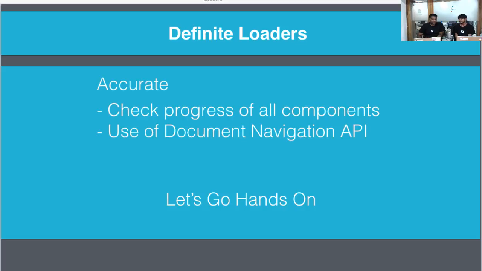So we have the navigation API in the document object. It gives you the details about how much time it is going to take for the DOM to load, and depending on that, you can make a progress bar. You can actually show, okay, 3 minutes are remaining, 2 minutes are remaining, stuff like that.